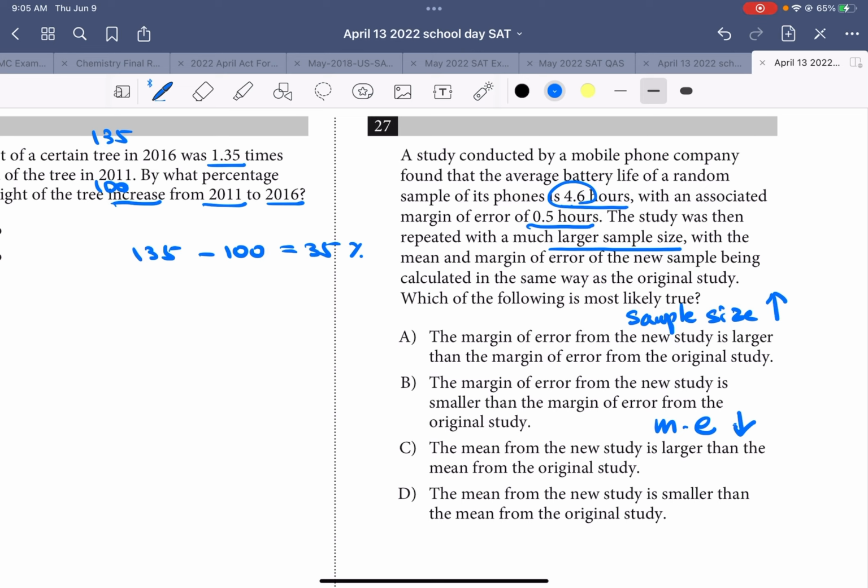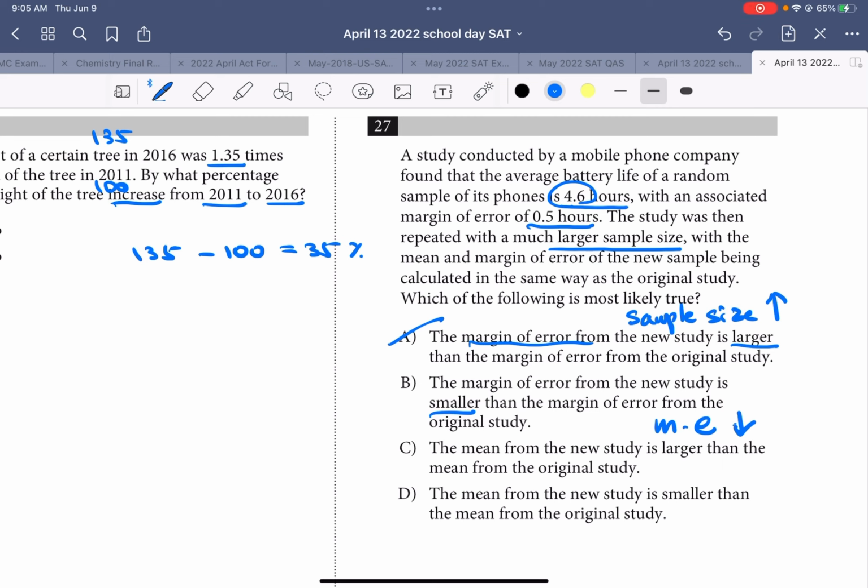Let's see. So margin of error with a bigger sample size should be smaller. Okay, so you said margin of error is larger in the new study. That doesn't make sense. So should it be smaller? That's okay. And then the mean.